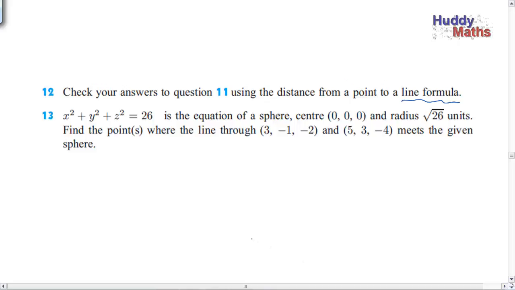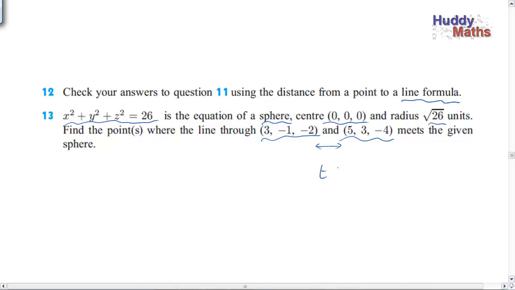So here, this is the equation of a sphere. We haven't had that before. Centre (0, 0, 0), and radius root 26. Find the points where the line through that meets the given sphere. So, line through that and that. Now that's a thinking question. It's meeting the sphere, so what do you want? You want a point on this line, a point on the line joining that.